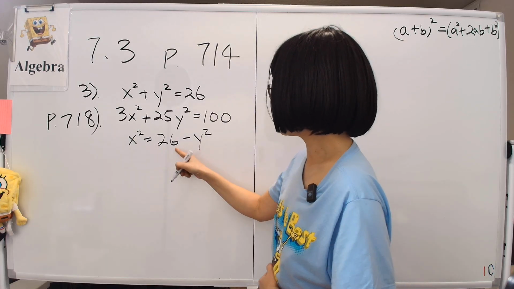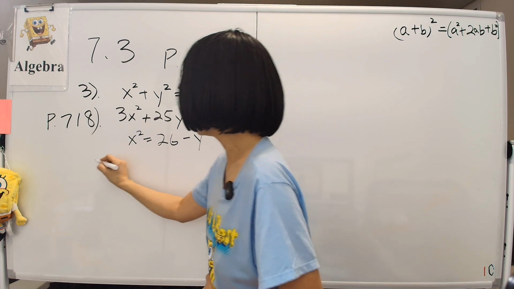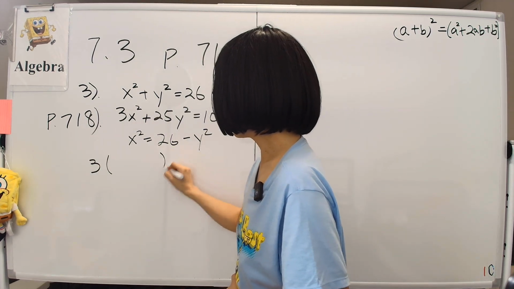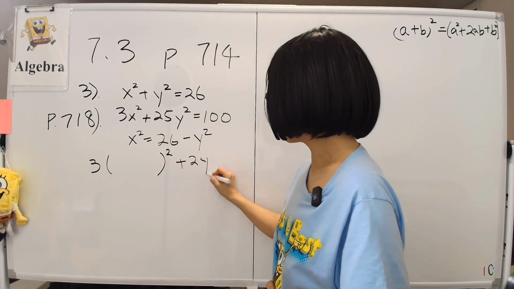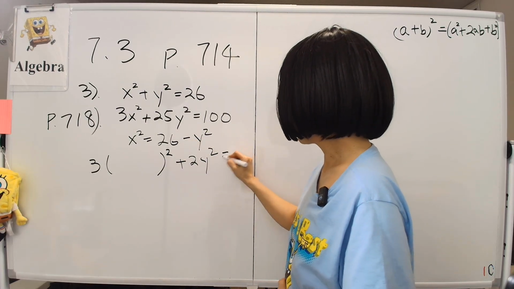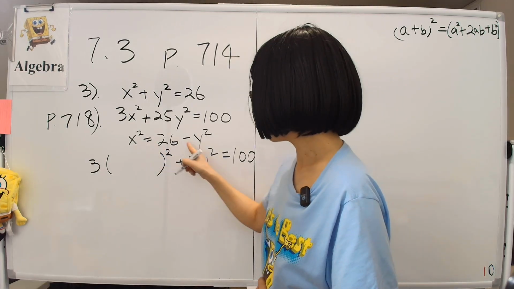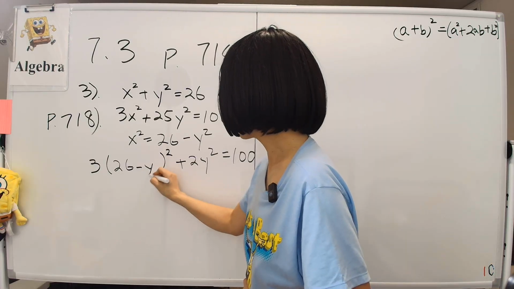Then once we know that, we'll plug x squared into equation 2. So we're plugging x squared in here: 3x squared plus 25y squared equals 100, and we plug in x squared in terms of y, that's 26 minus y squared.